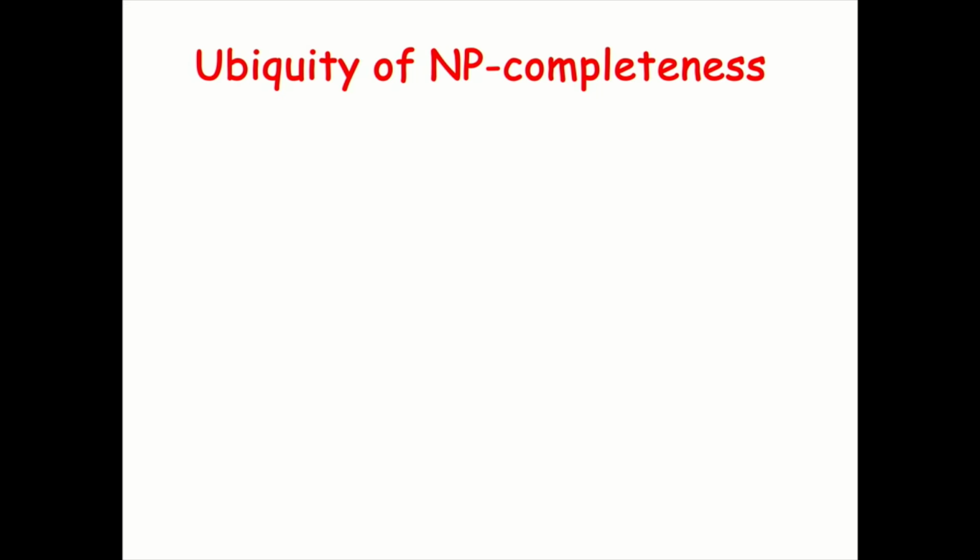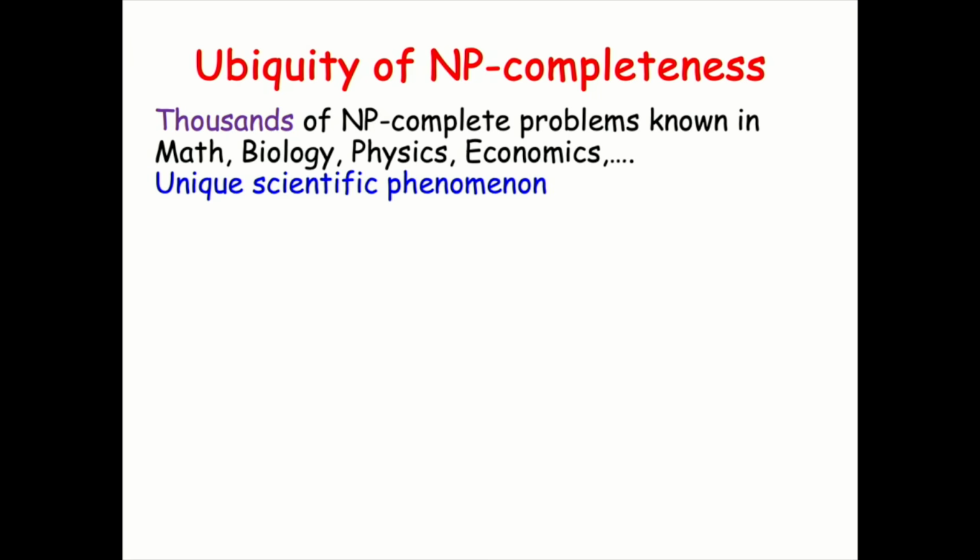Something that is a bit of a diversion, but is really important, is the ubiquity of NP-completeness. I don't know any other mathematical notion like it. What do I mean? By now we know thousands of NP-complete problems. It's a triviality to prove. When I was doing my PhD, proving NP-completeness of a problem was still a paper, but this was many years ago.